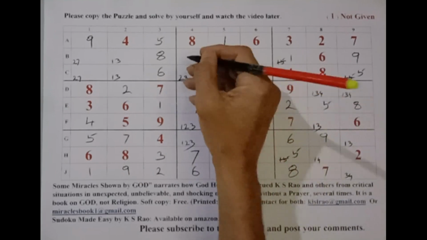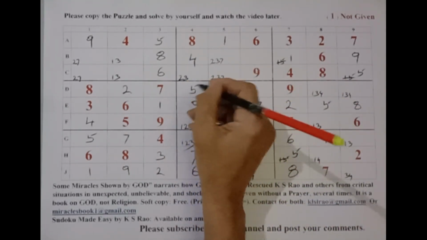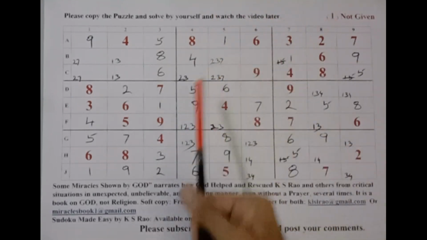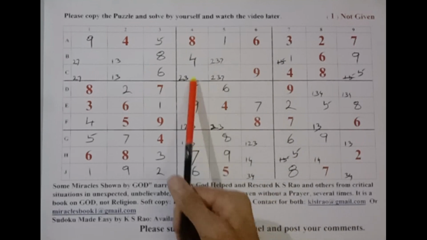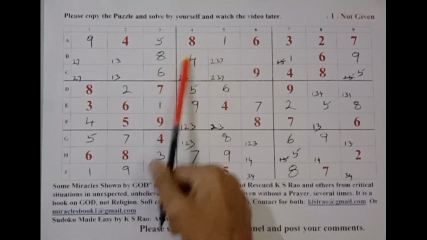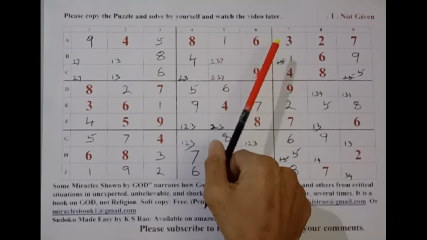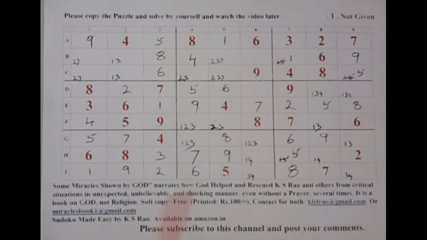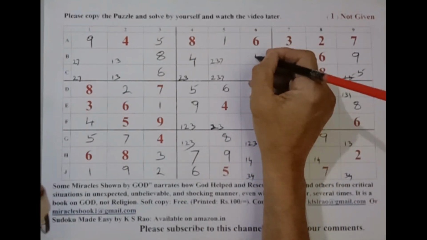So we can get a 4 there. And naturally this is for number 5. And what about this sole place? Here we got a trio in box number 2 again, 2, 3, 7. And what about this single place at B6? That is for a 5. Let us write that 5 there.